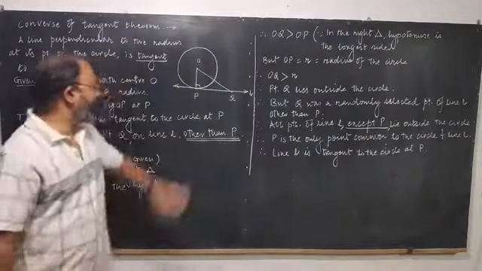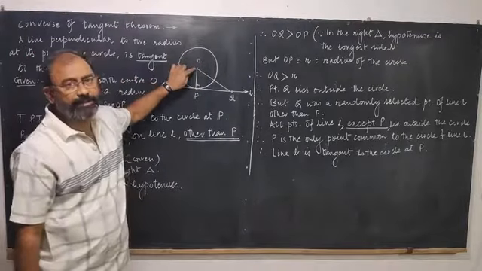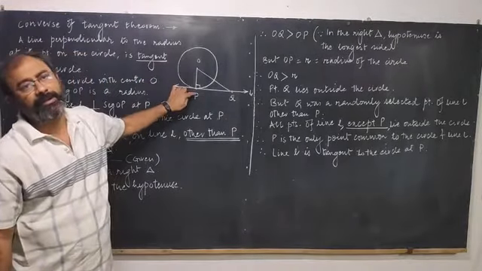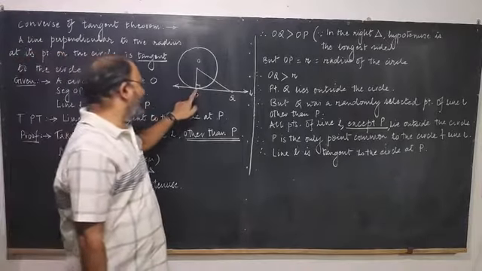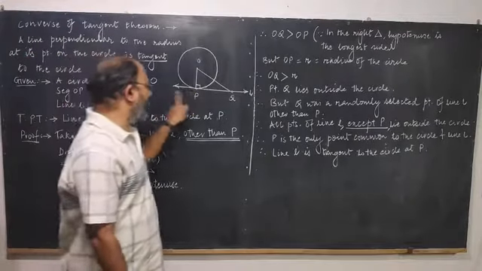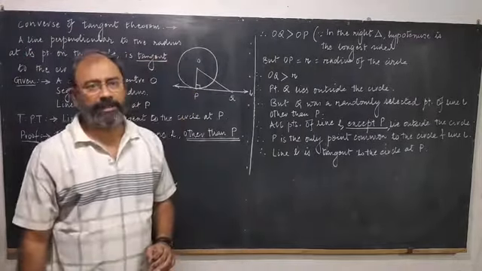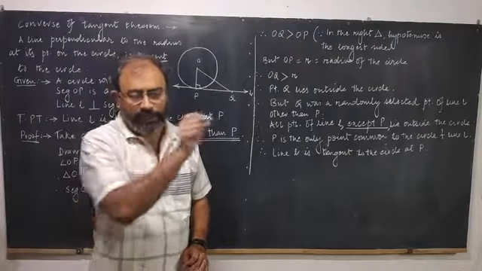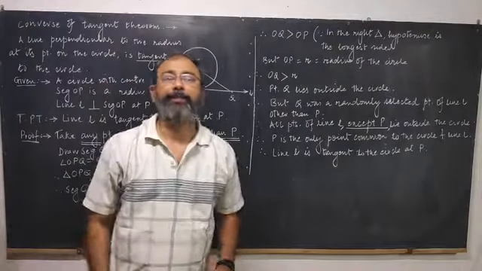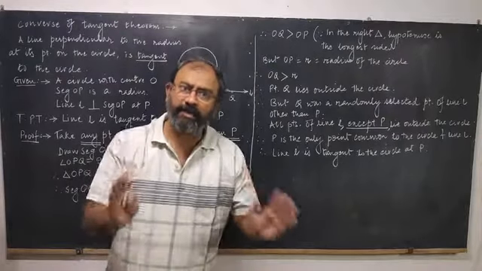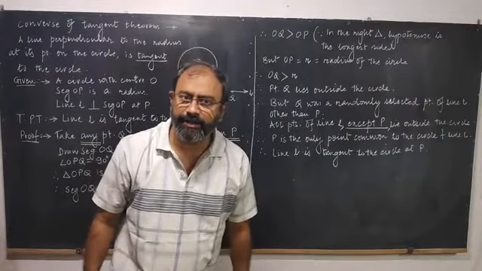Okay, what is given? A circle is given, its center is O, its radius is OP, and at the outer end of the radius, line L is perpendicular. Radius के outer end पे एक line perpendicular है, and we want to prove that that line is tangent to the circle.